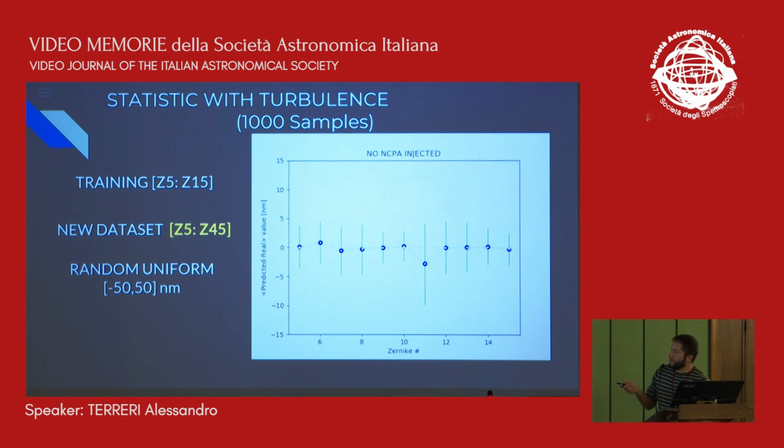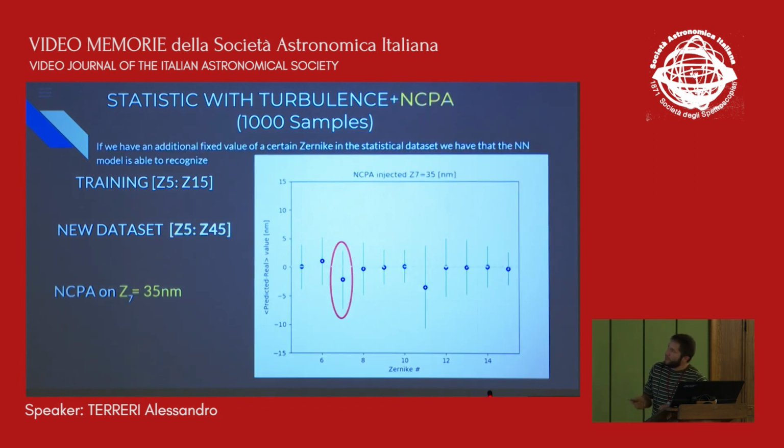And we have that even if in the images there is something that the model is not trained to understand, it is able to have a mean value around 0 for each Zernike. As you see, this is the error between the predicted and the real values.